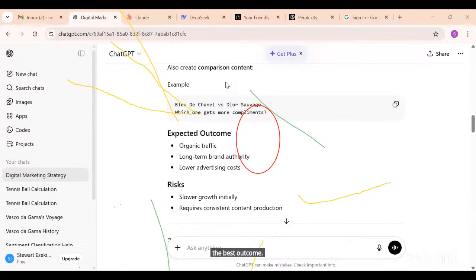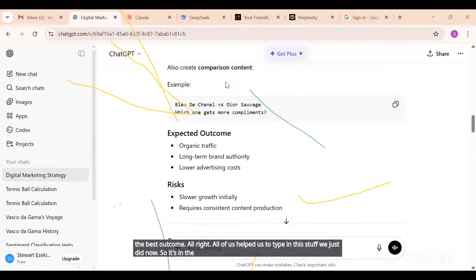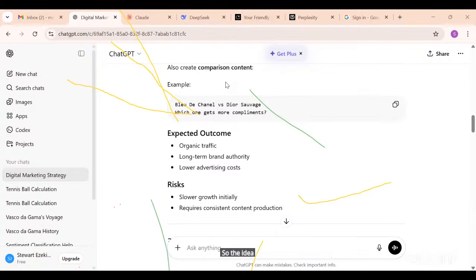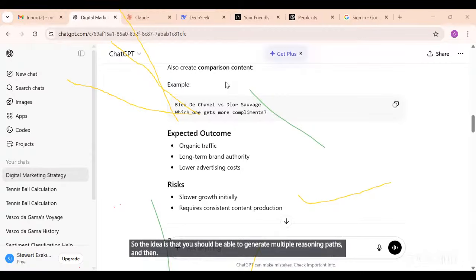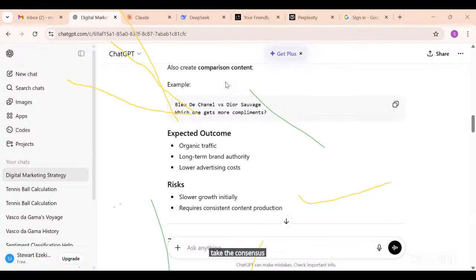All right. Oliver has helped us type in what we just did, so it's in the comment section. So the idea is that it should be able to generate multiple reasoning paths and then take the consensus answer for increased confidence. So it takes the consensus answer.